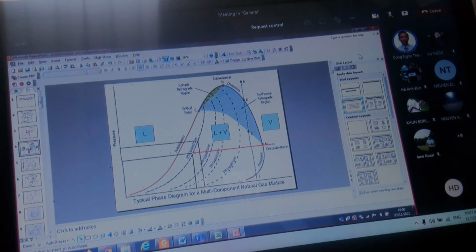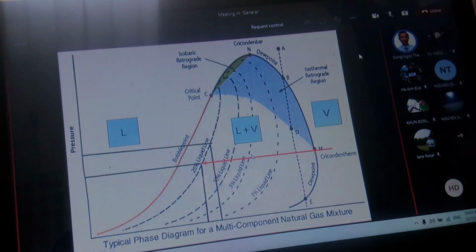Okay, so you can see here, if you would like to condense vapor, you can decrease the temperature, or, the same as before, you can increase the pressure.